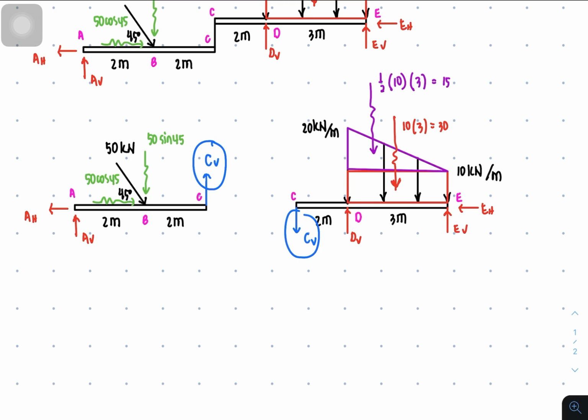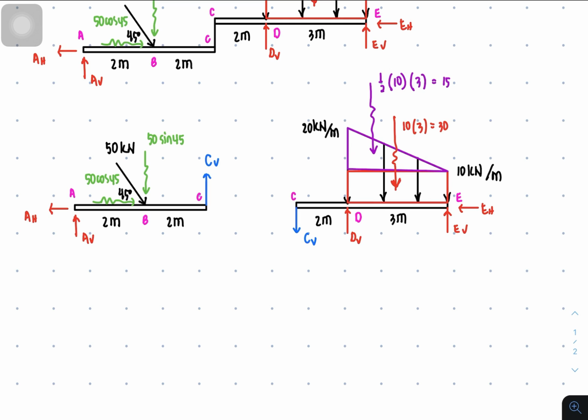That the moment imo siyang i-combine, that CV upward and CV downward is just equal to 0. So ma-cancel out sila. So 0 equal to 0, pasabot wala siya'y reaction, meaning balance na siya. So that's what we're gonna do whenever naatay mga internal supports. So I'll just remove that.